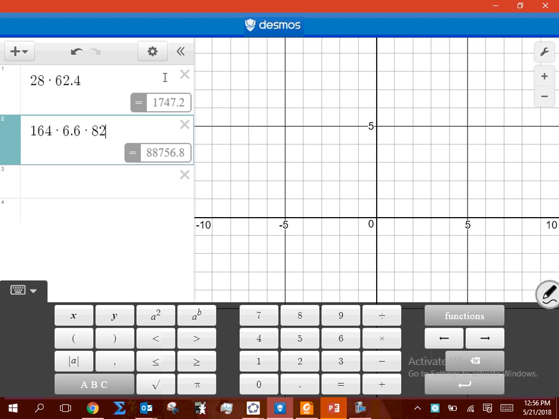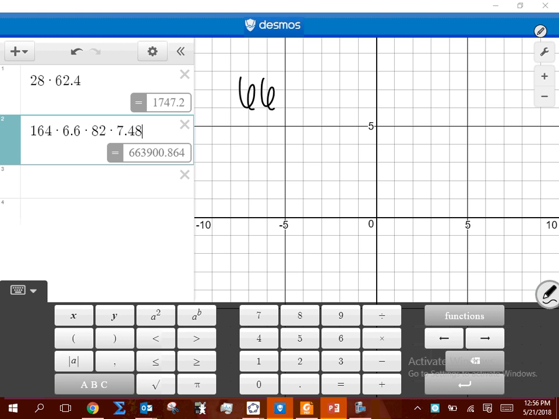Those red calculators are sticky. So multiplying that by 7.48 gets you 663,900.864 gallons.